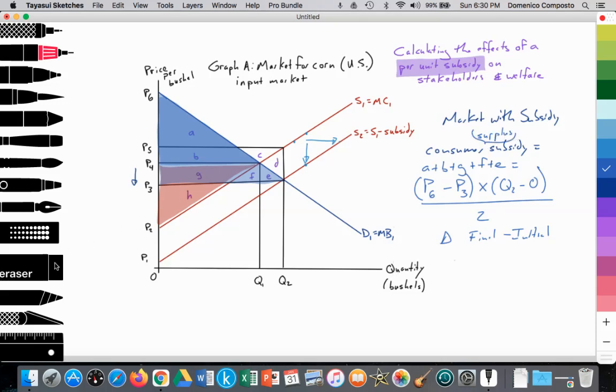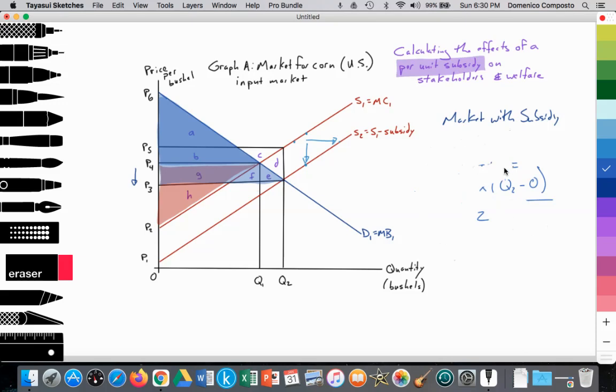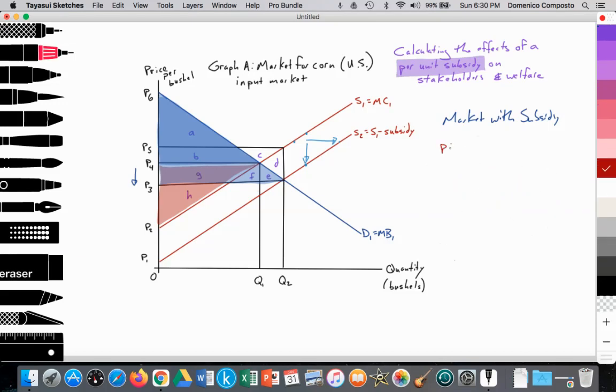Okay. Next, how about the producer surplus? Producer surplus with the subsidy is going to be equal to, we're going to follow our supply curve up to the new price received by the producer at P5.